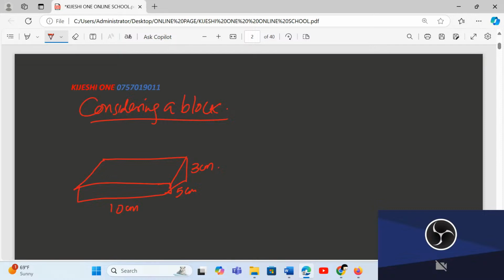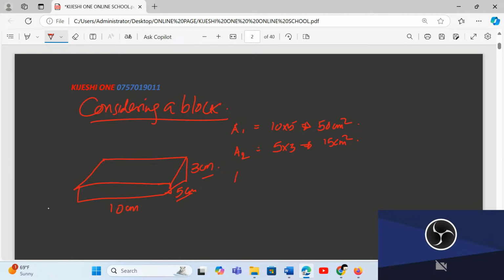For the first part, we need to identify the areas. Area 1 is 10 times 5, which gives 50 square centimeters. Area 2, when we pick 5 and 3, is 5 times 3, which leads to 15 square centimeters.